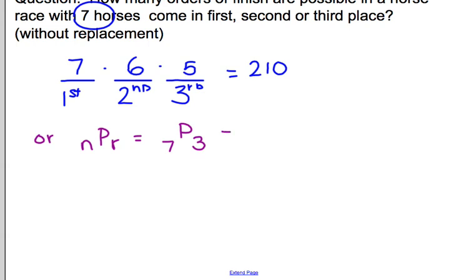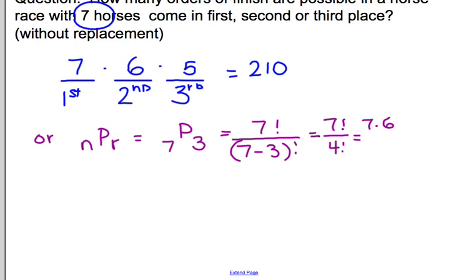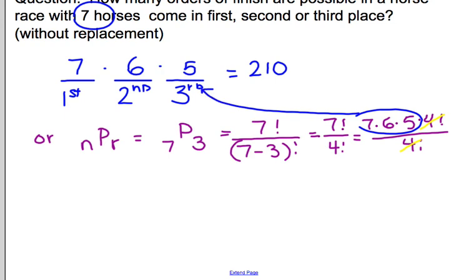We've already taught you how to plug it in: 7 factorial over 7 minus 3 factorial. So then we have 7 factorial over 4 factorial. Remember how you can go a little quicker: 7 times 6 times 5 times 4 over 4 factorial. Look what happens, the 4 factorials cancel. Aren't we right back up to 7 times 6 times 5?